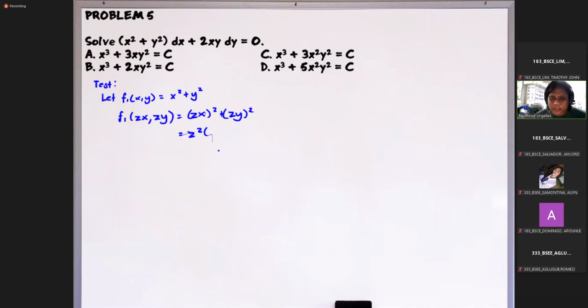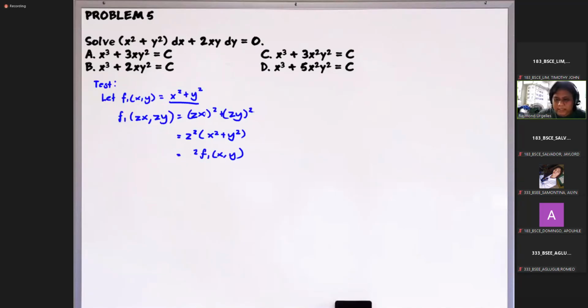Tapos makikita natin na mapapalabas uli natin yung original function natin. So again, we can factor out z squared here. So then this will become x squared plus y squared. No? So again, which is the original function. So ibig sabihin, this is equivalent sa z squared times f1 of xy. Okay? Nakuha ba?